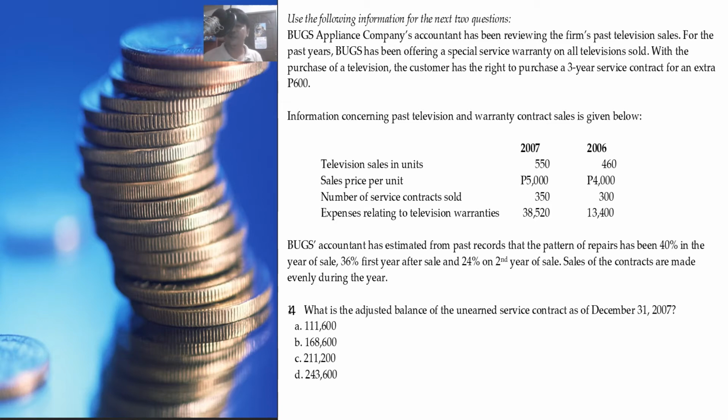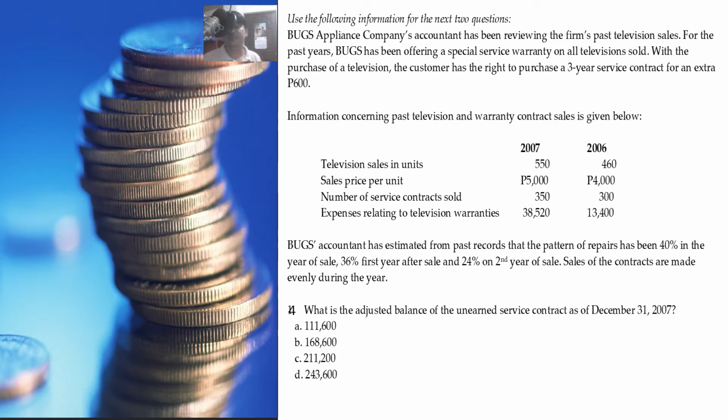Next year, 2008, how many percent? 36% will avail, and 24% in 2009. For 2006, 40% will avail in the year of sale, 2006, within 1 year.